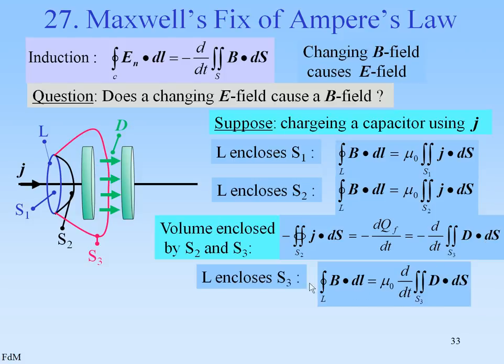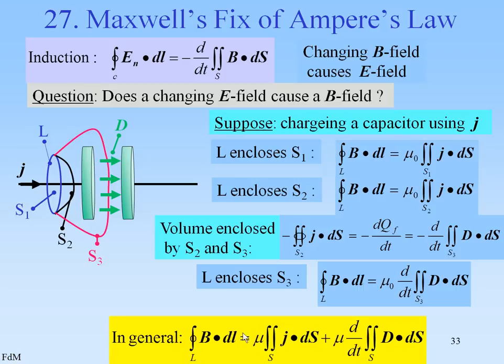And when you assume that L, the blue circuit here, encloses S3 as well, then you can also write the path integral of B dL is mu naught times the time derivative of the integral of D dS.